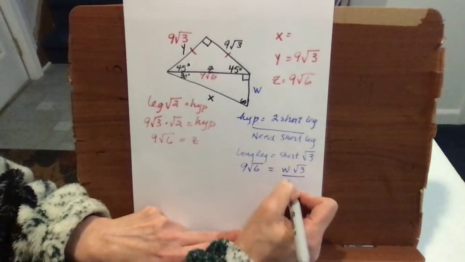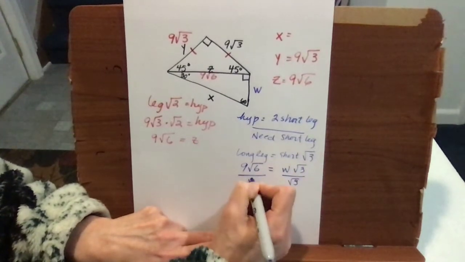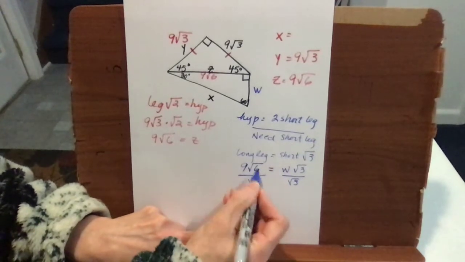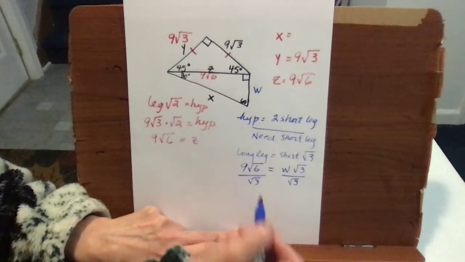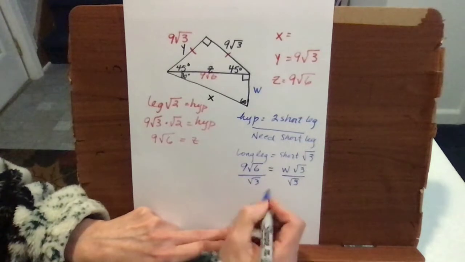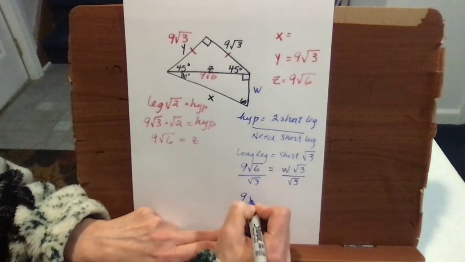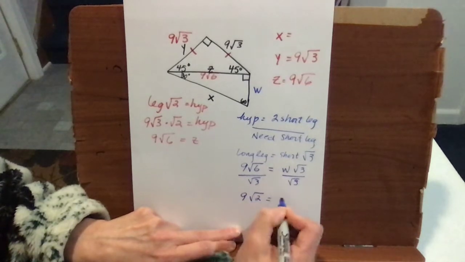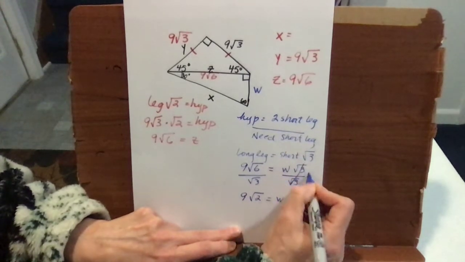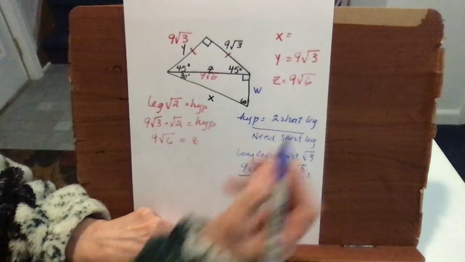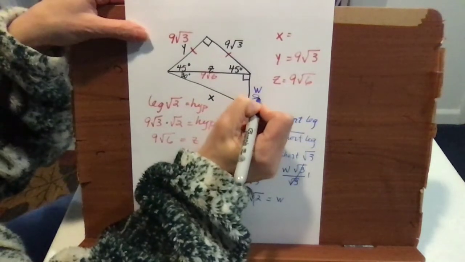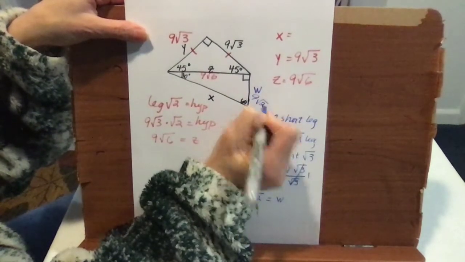Then I'm going to divide by root 3 on each side. And because these are both inside radicals, the 6 and the 3, we can divide them as we do any number. Keep the 9 outside. 6 divided by 3 is 2, but it's still under the radical. And that equals W, because these cancel to 1. So our short leg is 9 root 2.